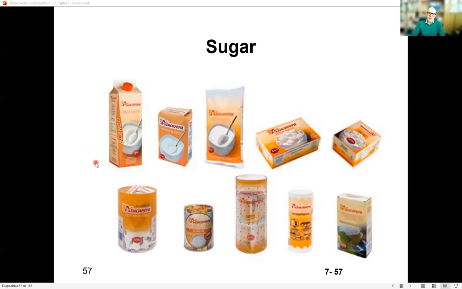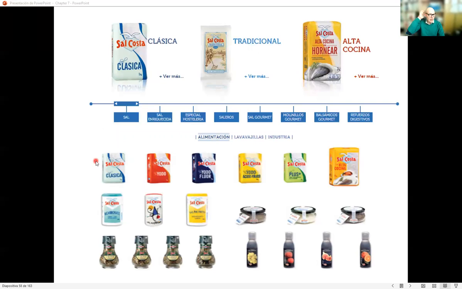And the same for salt. There are many different types of salt. A company, for example, Sal Costa, has different offerings for different benefits and occasions, for individual consumers or restaurants, and also for delicatessen or gourmet uses.